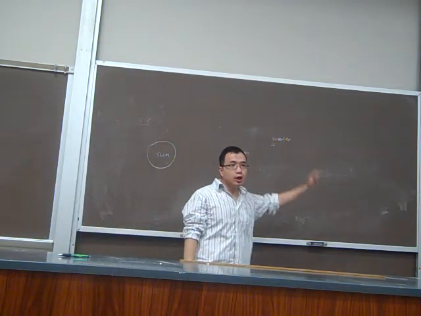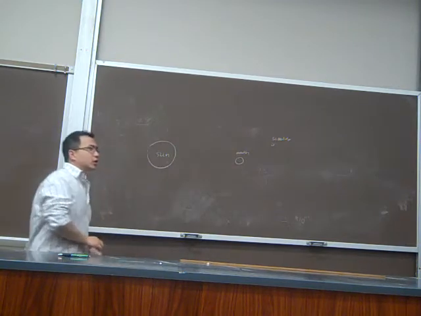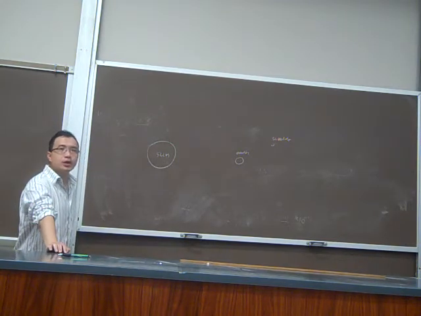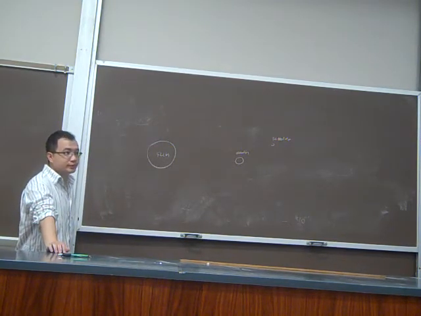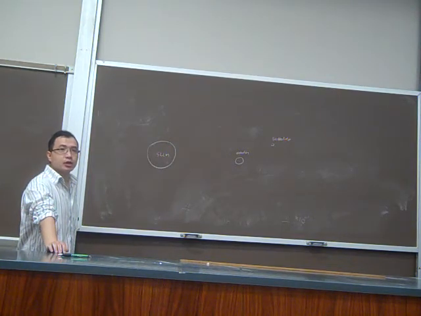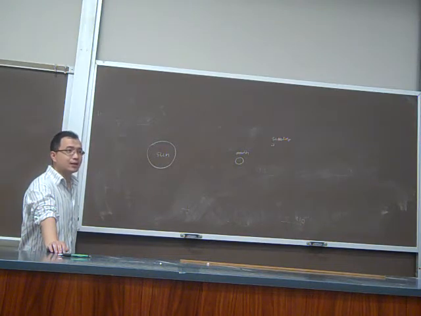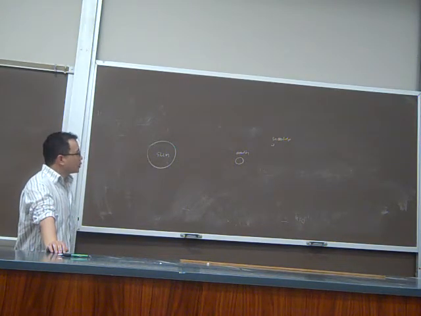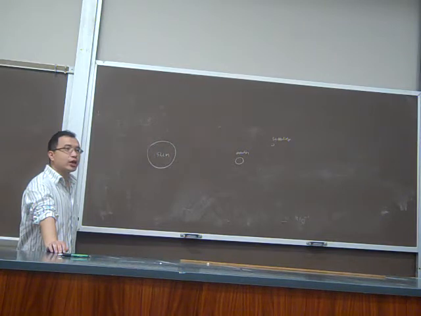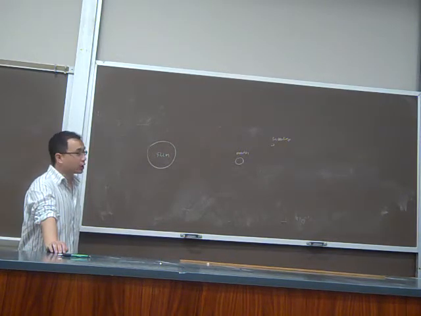1, 2, 3. And we mentioned that for the three-body problem, in general, it's not solvable. It's very difficult to solve the three-body problem exactly. But we can still talk about some special cases or special points.